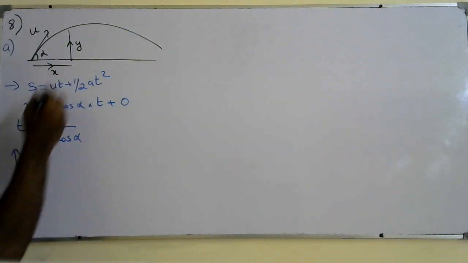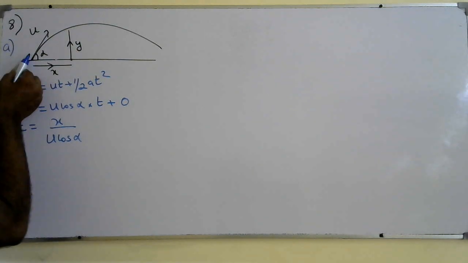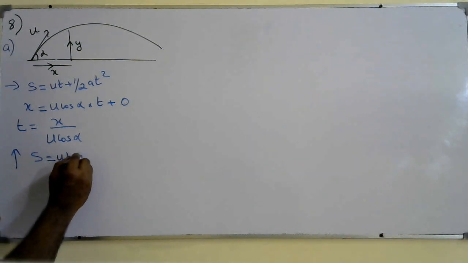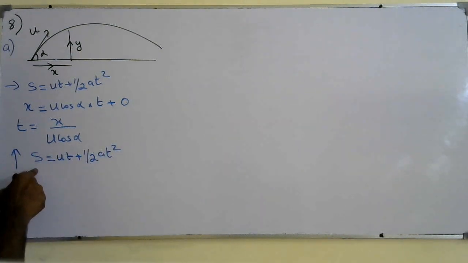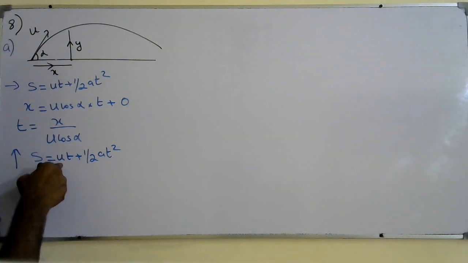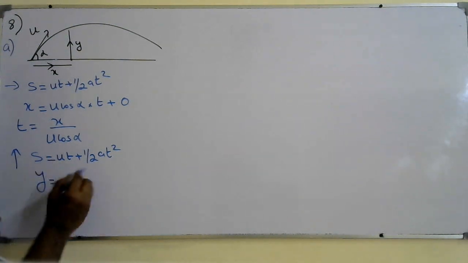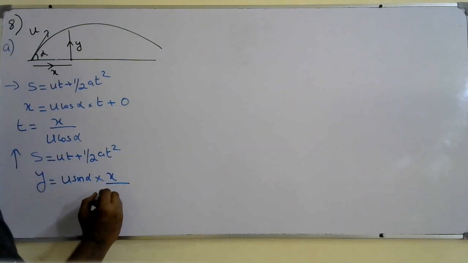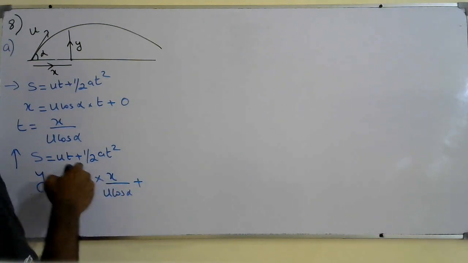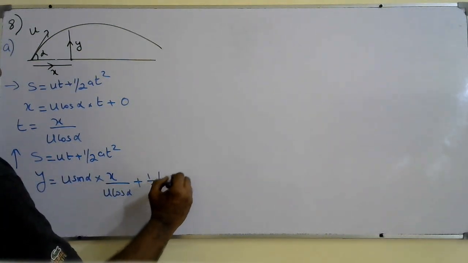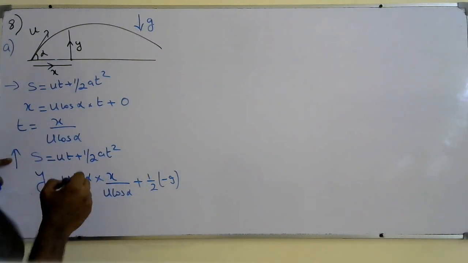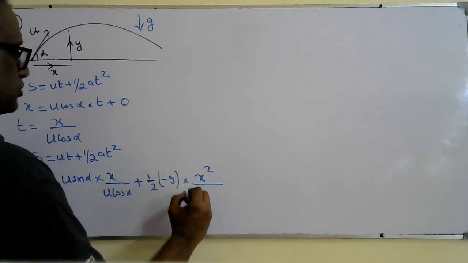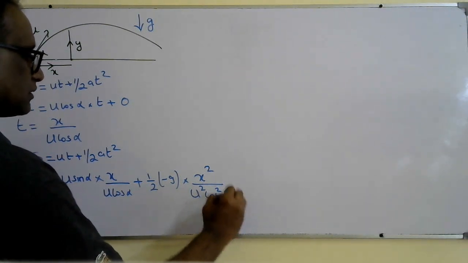So s equals ut plus half at squared, using the upward direction. s is y, upward. The initial vertical component of velocity is u sine alpha, times time, which I substitute as x over u cos alpha, plus, taking upward as positive, minus g, because gravitational acceleration is down, into t squared. t squared is x squared over u squared cos squared alpha.